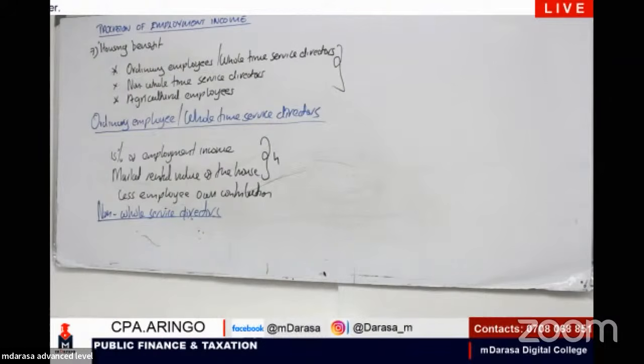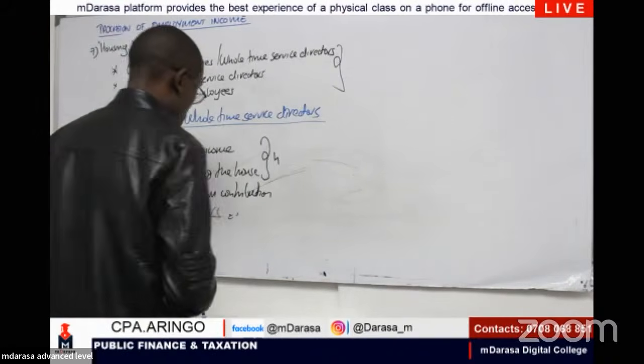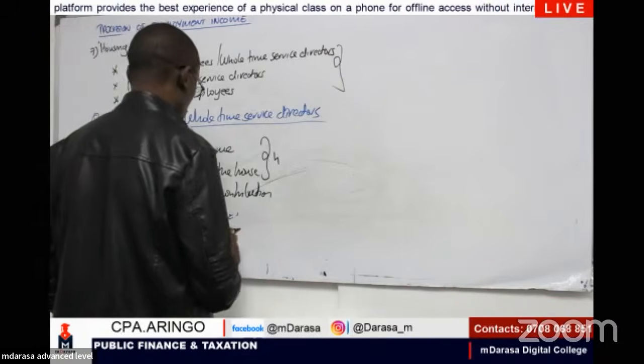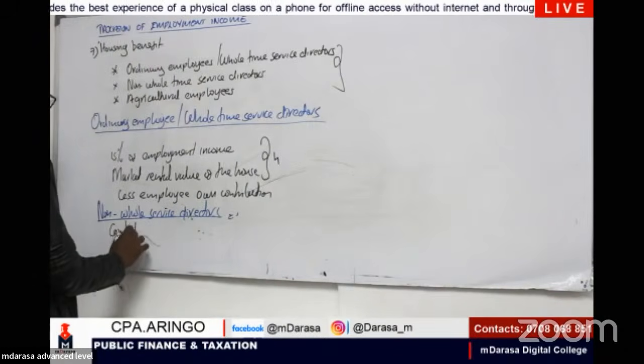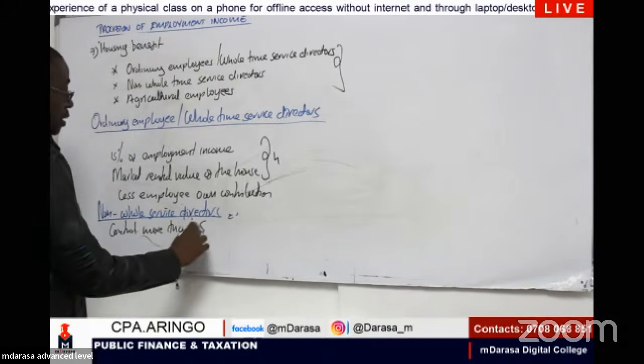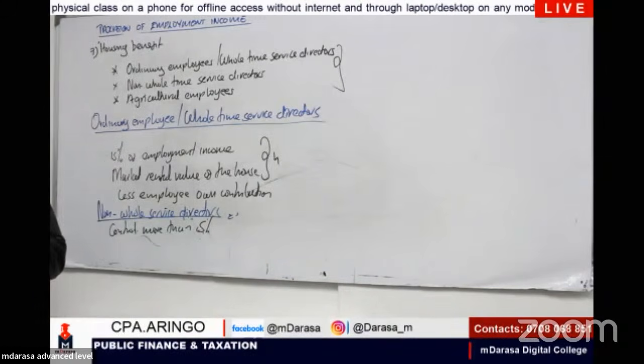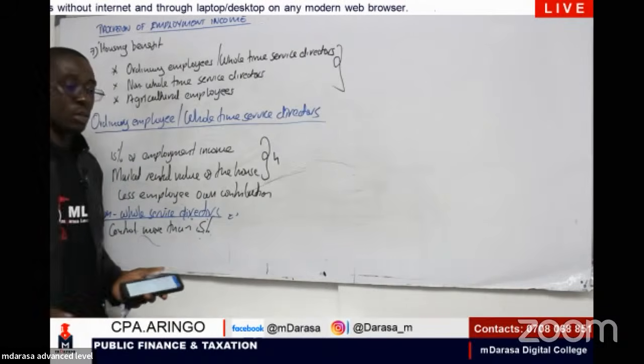So below that, maybe you can just mention something brief and say that non-whole-time service directors are the ones who control more than 5% of the shareholding of the company.